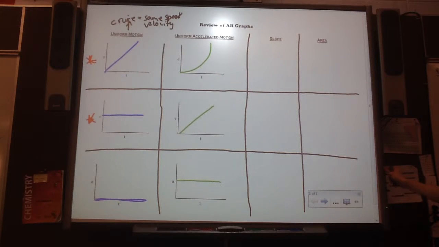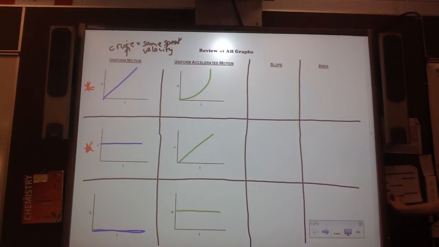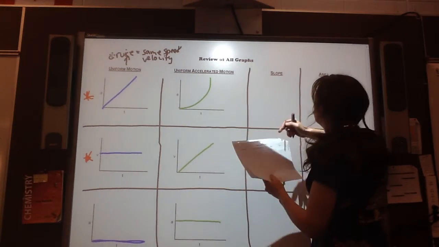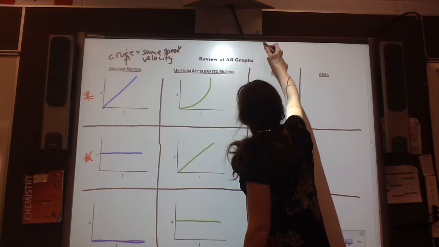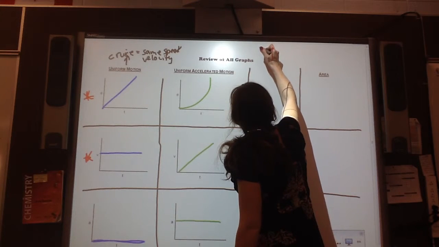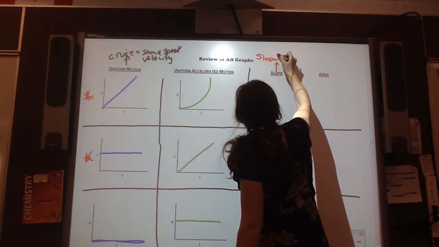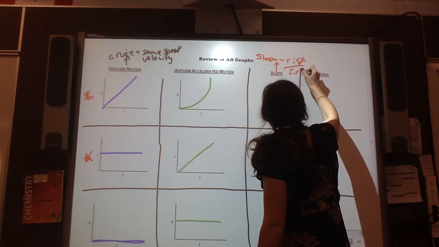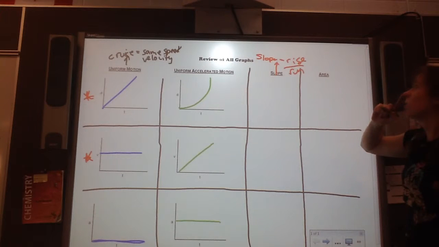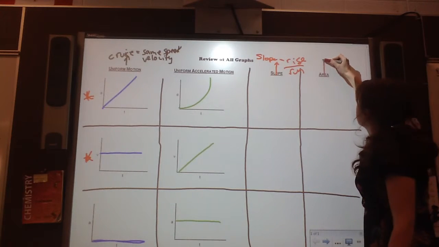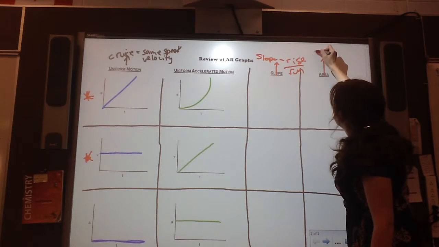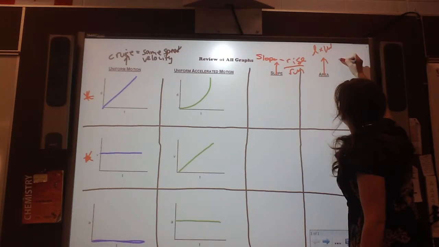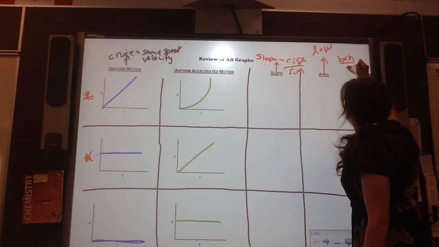Okay, so let's first write down what slope is. Slope is rise over run. And area, if it's a rectangle, is length times width. Or if it's a triangle, it's base times height divided by 2.